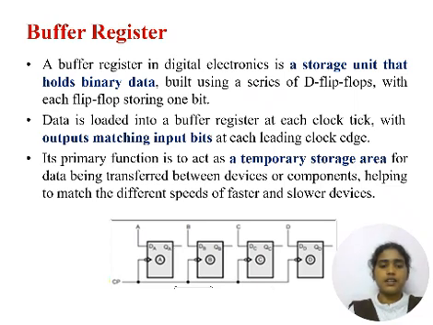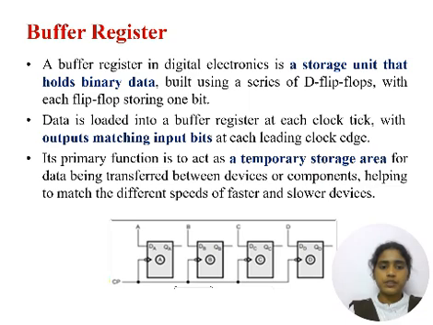Buffer register. A buffer register in digital electronics is a storage unit that holds binary data, built using a series of D flip-flops with each flip-flop storing one bit. Data is loaded into a buffer register at each clock tick, with outputs matching input bits at each leading clock edge.